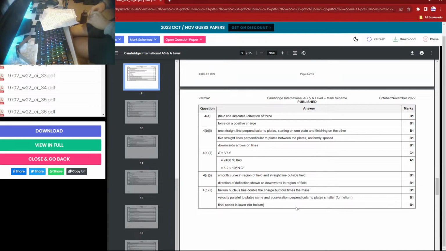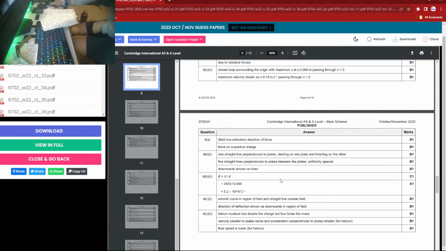Velocity parallel to plates, same, and acceleration perpendicular to plates, smaller. Okay. E equals V over d. 5.2 times 10 to the power of 4, which I did get. Okay.